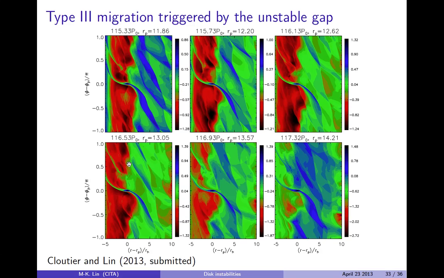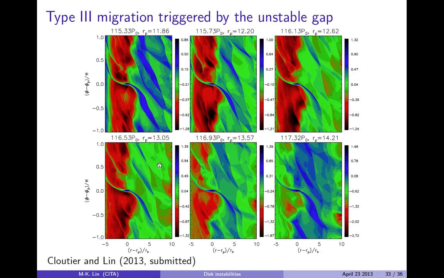Every time one of these spirals goes by the planet, it provides a positive torque. And eventually, one of these spiral-planet interactions is strong enough to make the planet migrate outwards into the outer disk.